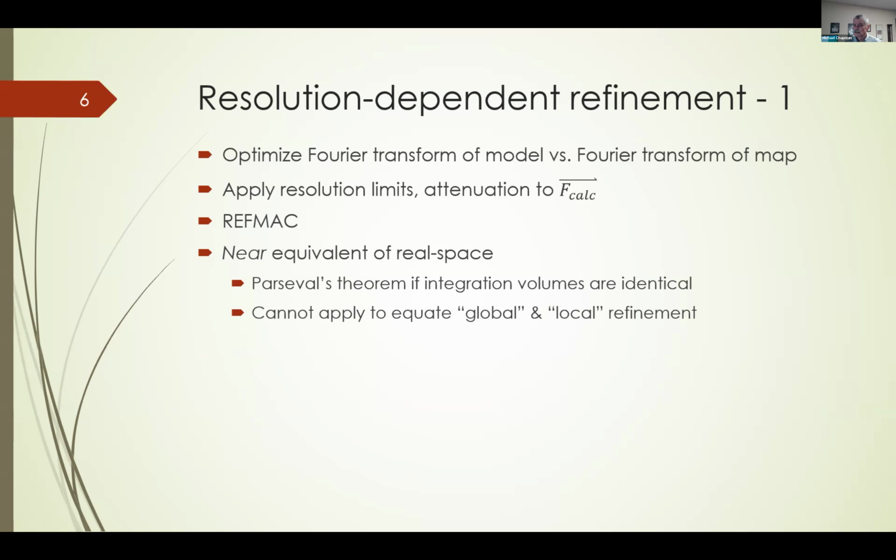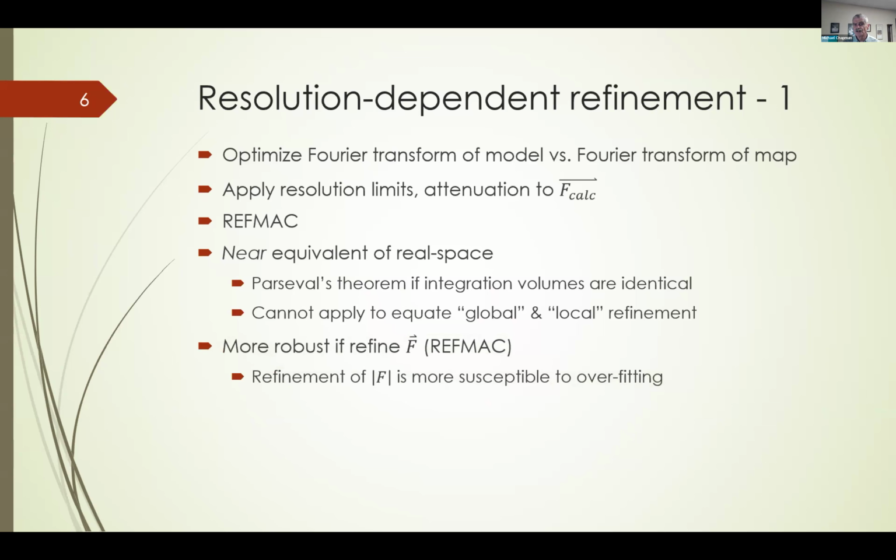And so the global reciprocal space refinement of an entire structure is not necessarily equivalent to real space refinement of subregions. Overfitting can be exacerbated in reciprocal space because of compensating errors. Two wrongs in different parts of the molecule can collude to improve the fit to the overall structure amplitudes.